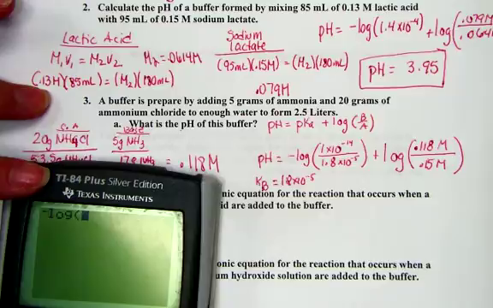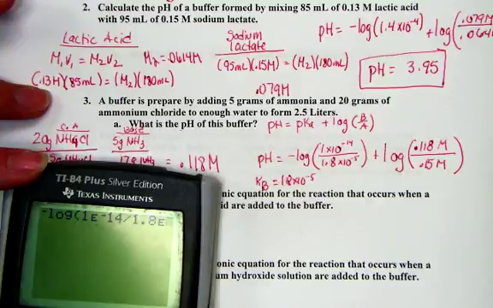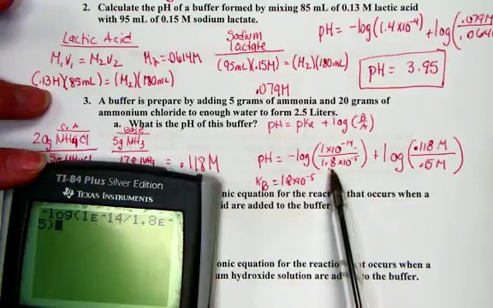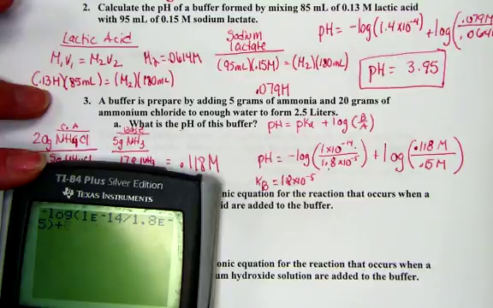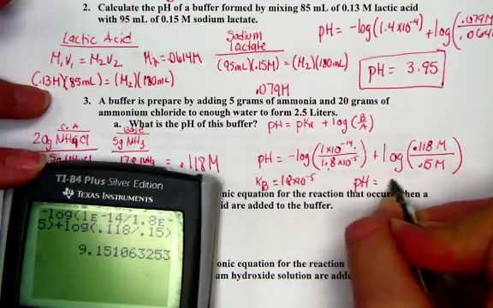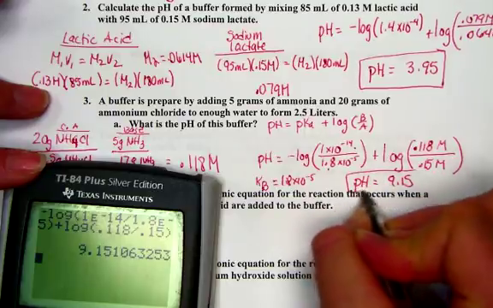We'll hit negative log of the ratio of Kw divided by Kb. Negative log of 1e negative 14 divided by 1.8 e negative 5, plus the log of the ratio of 0.118 divided by 0.15 base over acid, and we get a pH reading of 9.15 pH units.